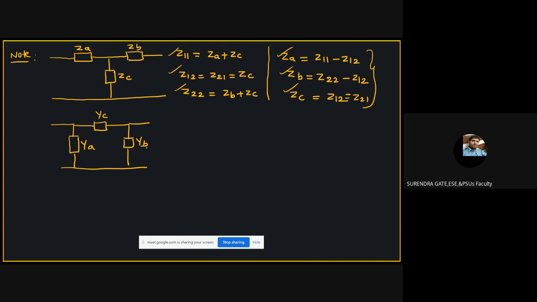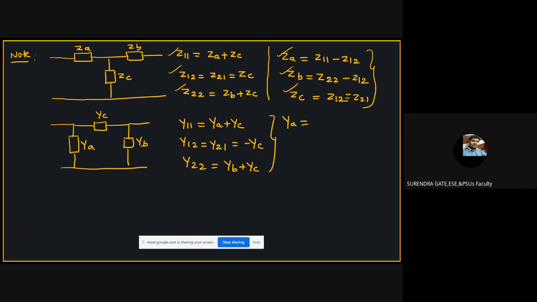Then you know how to calculate Y11. Y11 equal to YA plus YC. Y12 equal to Y21 equal to minus YC. Y22 equal to YB plus YC.